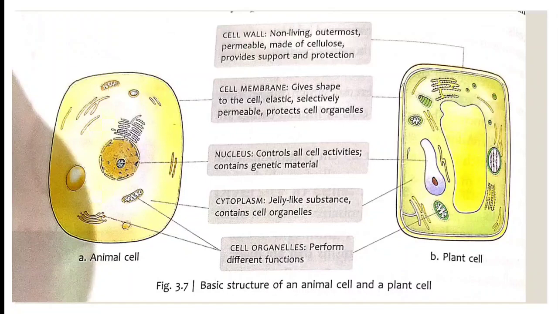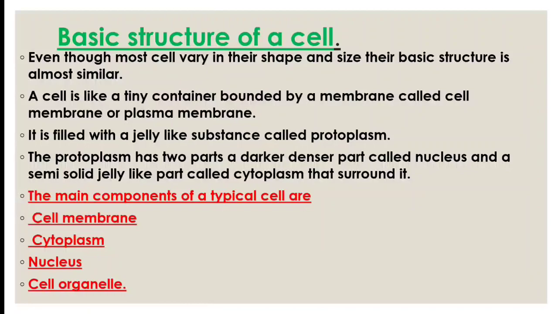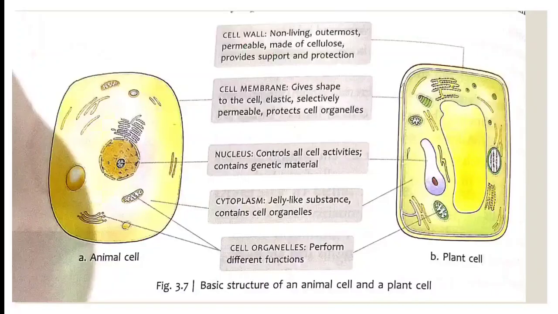And the outer covering of the container or the cell of both the types is called cell membrane or plasma membrane, as you can see in the second labeling in the diagram. In both the types of cell, the outer covering is called the cell membrane.